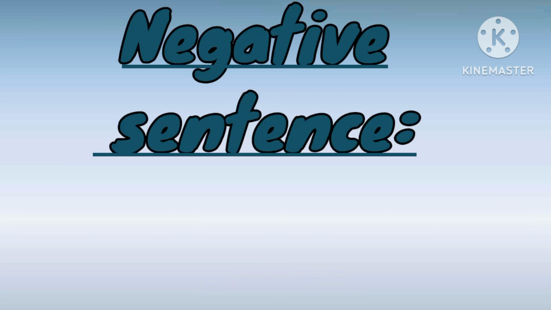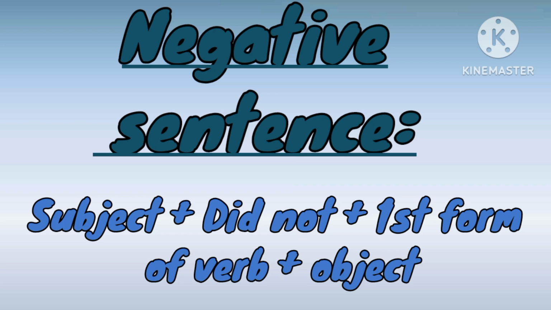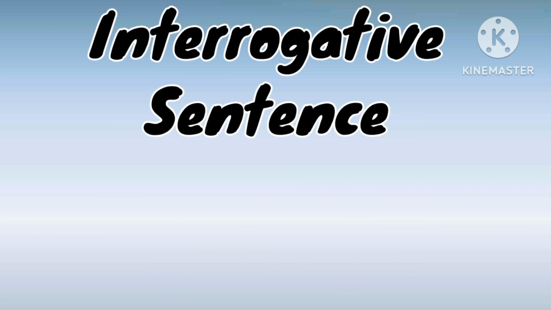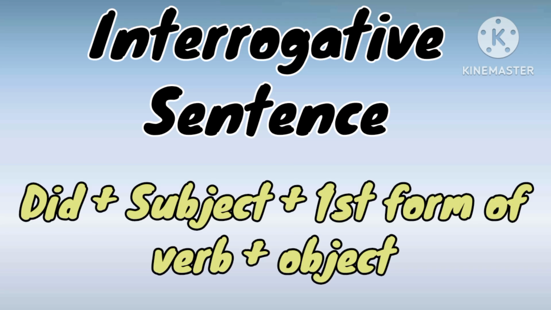Negative sentence: subject, then did not, then first form of verb, then object. Interrogative sentence: did, then subject, then first form of verb, then object.